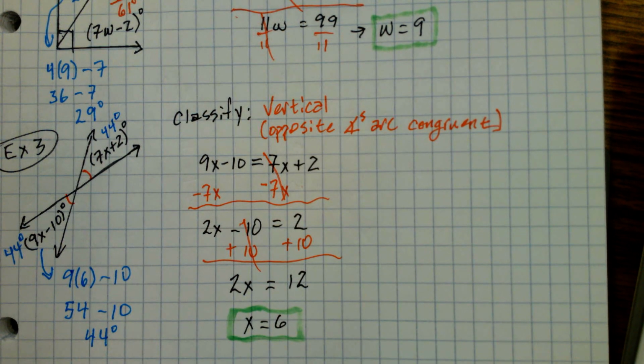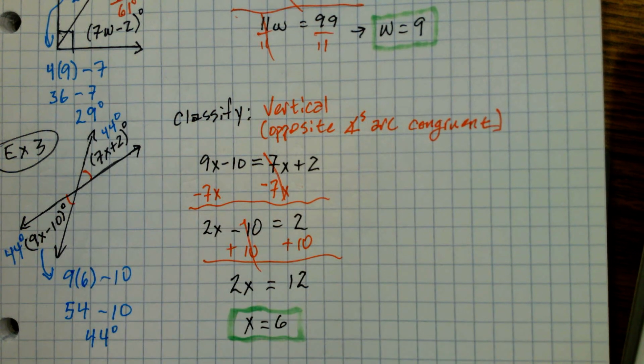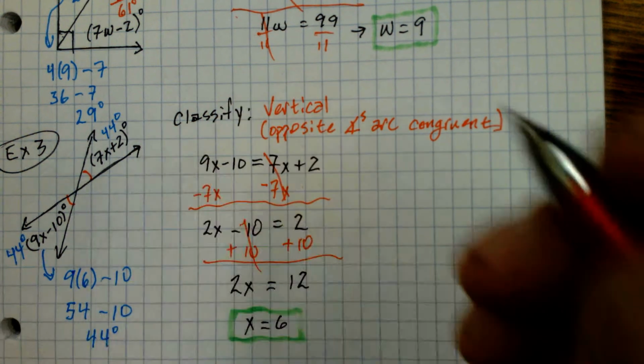That's 44. What's this obtuse angle? How much is that? How can we figure it out? I'll give you a hint. Ignore the bottom. Ignore the bottom. Look at these two angles. It's 136. Yeah.